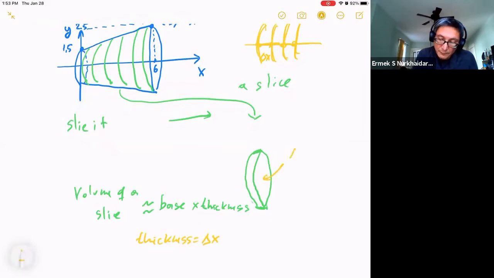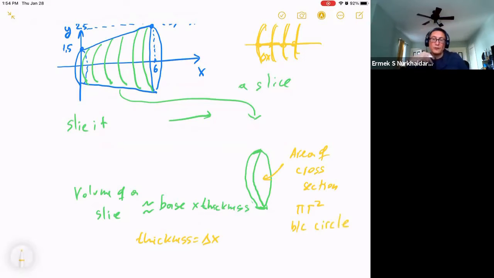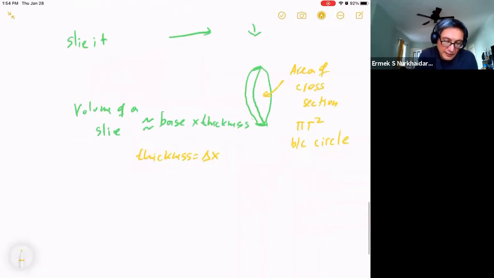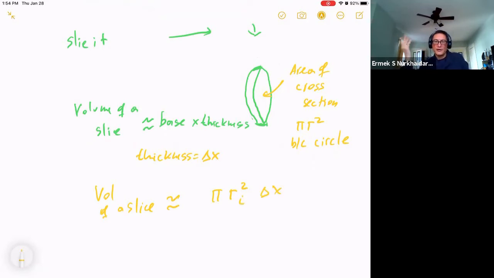Area of cross section or area of base: if you look at it, it's circular, so it's going to be pi r squared because it's a circle. So we get volume of a slice approximately equal to pi r squared delta x. And I'm going to put i here because it's the volume of the i-th slice, a particular slice.